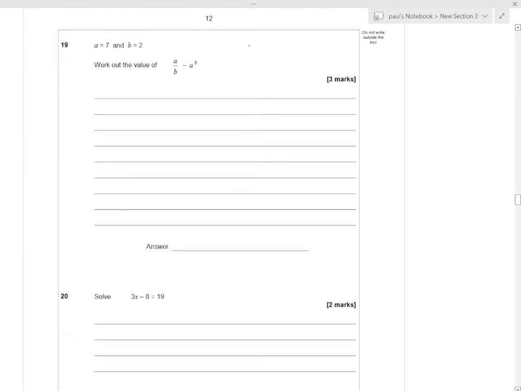Now this is substitution in algebra, where we're substituting the numbers in for the letters. So A over B becomes 7 over 2 and minus, and A to the power of B is 7 squared.